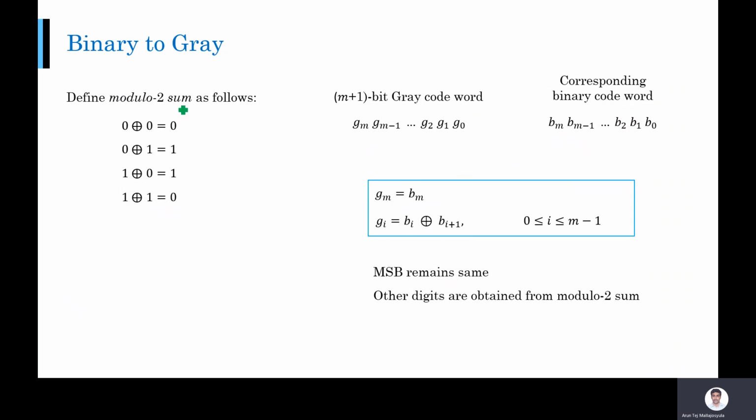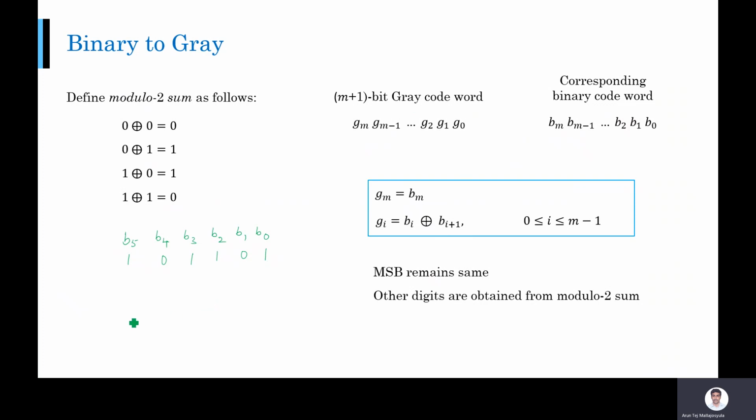Okay, so let us take an example. Let us take a 6-bit binary code. So B5, B4, B3, B2, B1, B0: 1, 0, 1, 1, 0, 1.